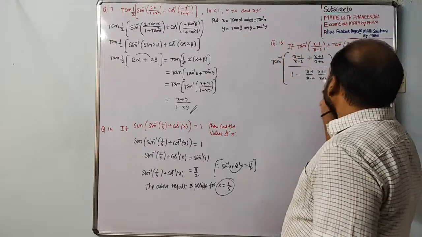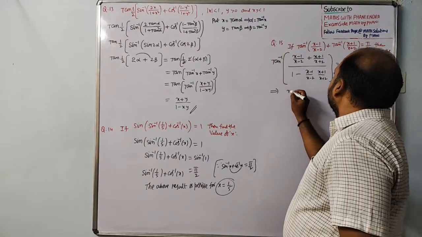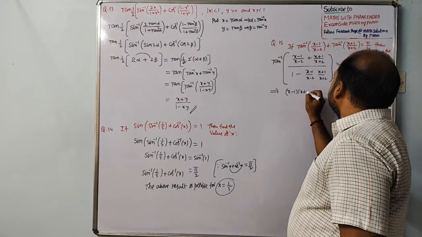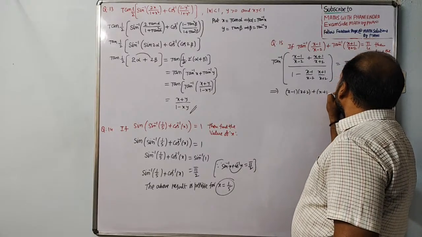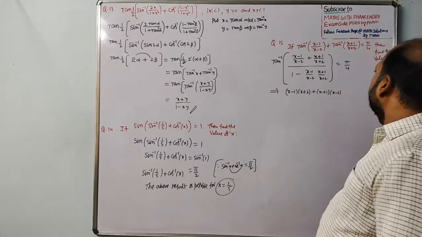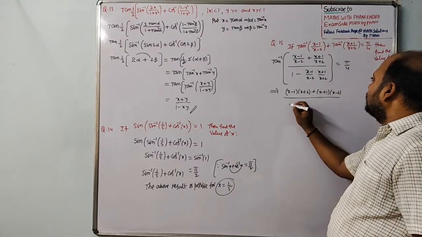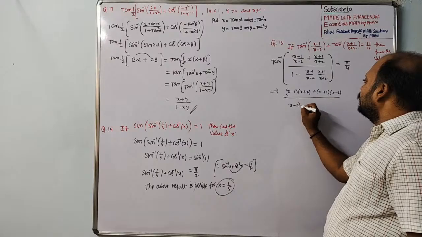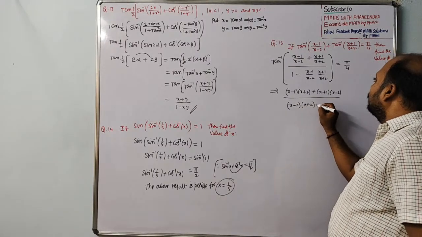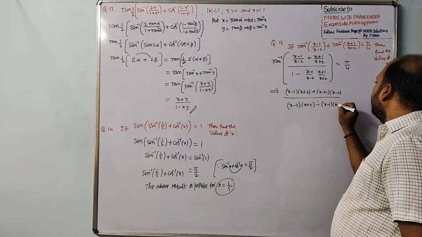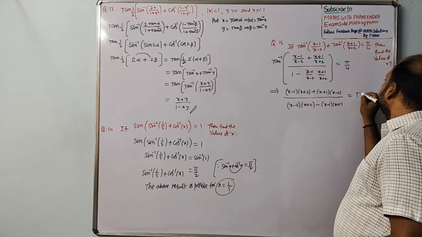So tan inverse, bring this side and simplify: x minus 1 into x plus 2 plus x plus 1 into x minus 2 by, anyway both the denominators will be cancelled, x minus 2 into x plus 2 minus x minus 1 into x plus 1 is equal to tan pi by 4.